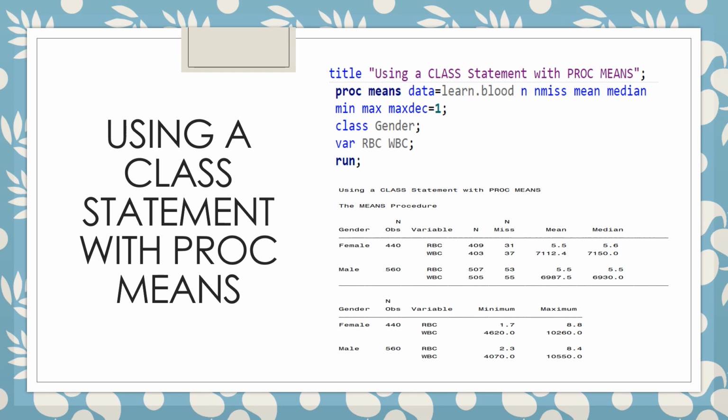Here also we can see that when we use a class statement with the same variable used in the by statement earlier, gender, we have a new column created in the output window under the name gender, instead of two different outputs displayed as was the case with the by statement.